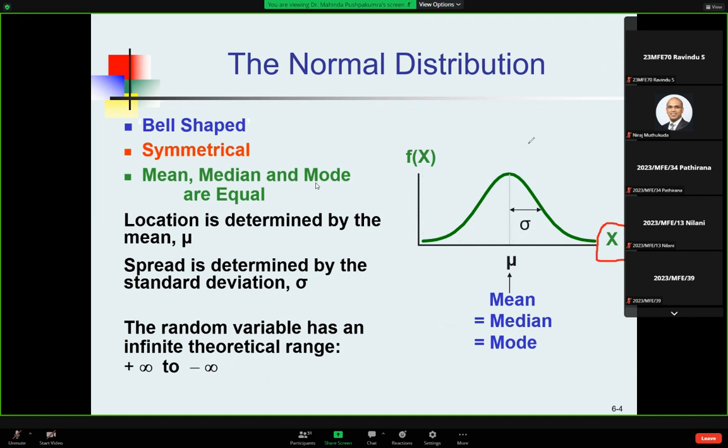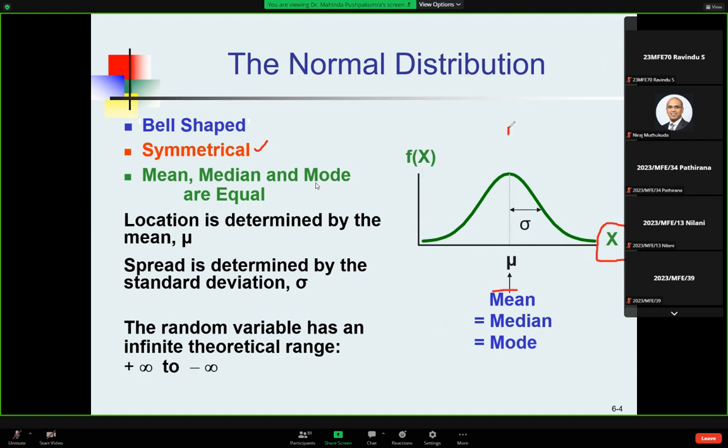Earlier we learned what is the shape of distribution. Some continuous distributions are bell-shaped distribution. If the distribution is bell-shaped, mean, median, mode are equal. And it is symmetrical.